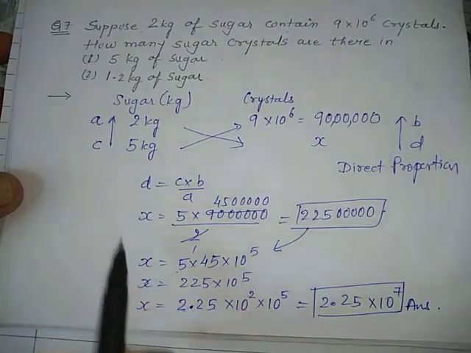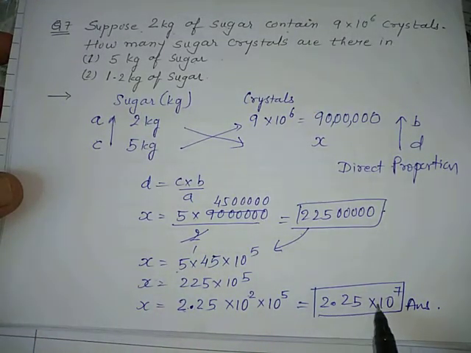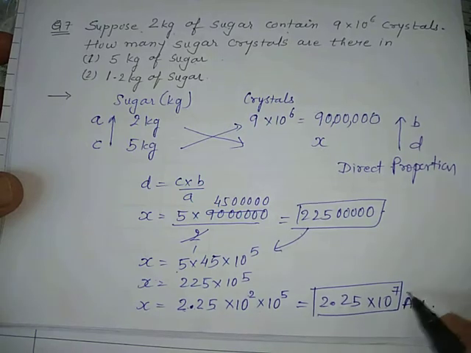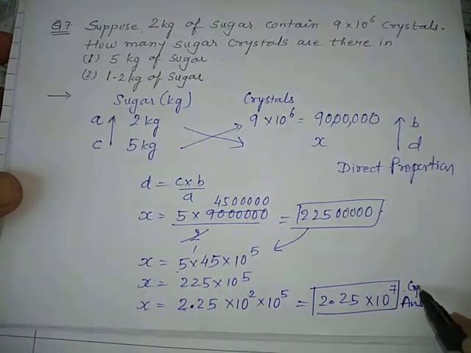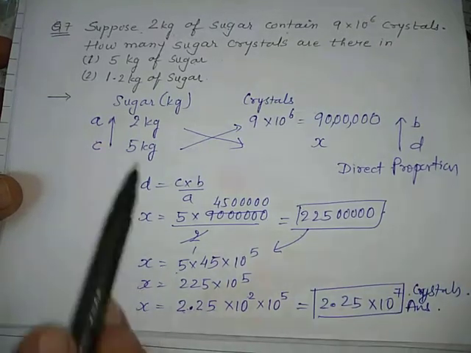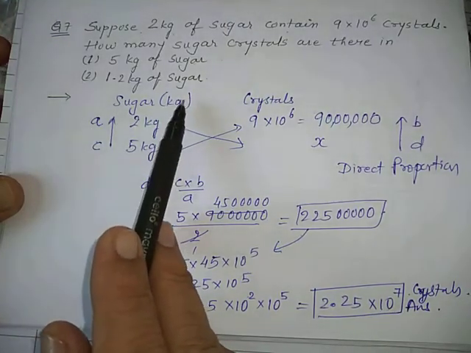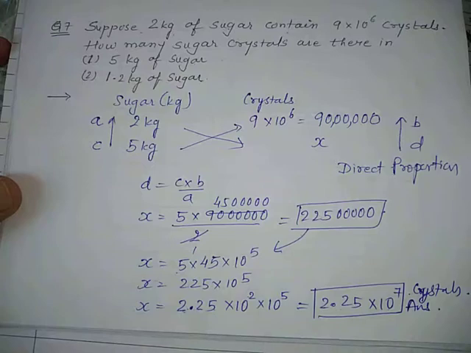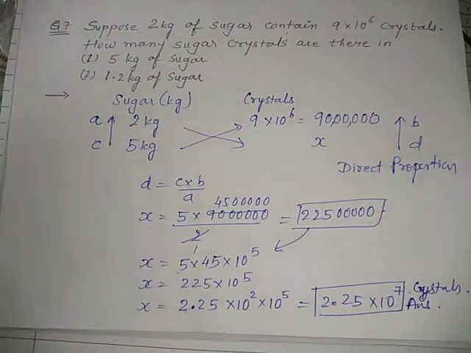Okay, so for 5 kg, 2.25 into 10 raised to 7 crystals. Okay, the 1.2 kg of sugar you have to solve on your own as practice.